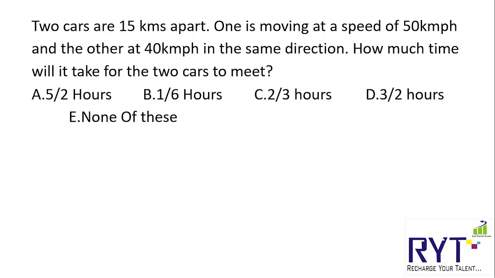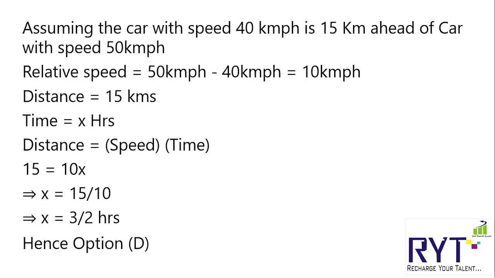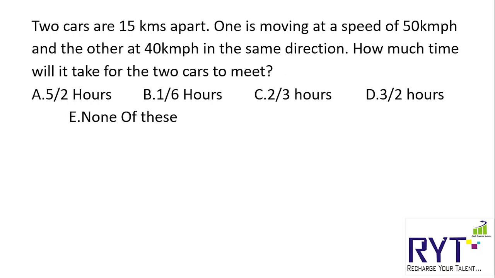Two cars are 15 kilometers apart. One is moving at a speed of 50 kilometers per hour and the other at 40 kilometers per hour in the same direction. How much time will it take for the two cars to meet? What we should do? First, we should calculate relative speed. What does relative speed mean here? Let me show you what relative speed is.